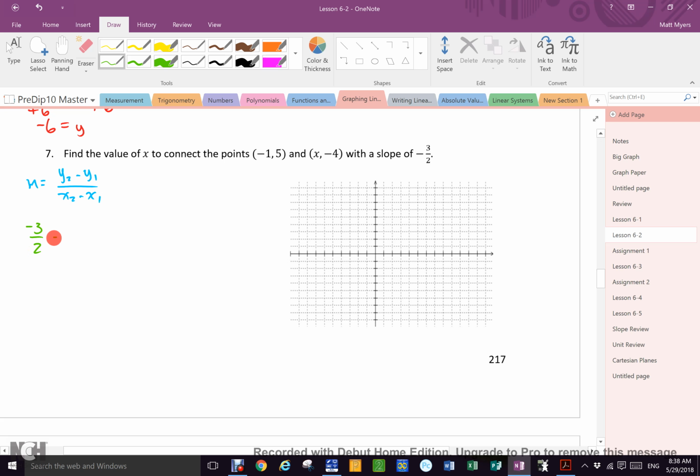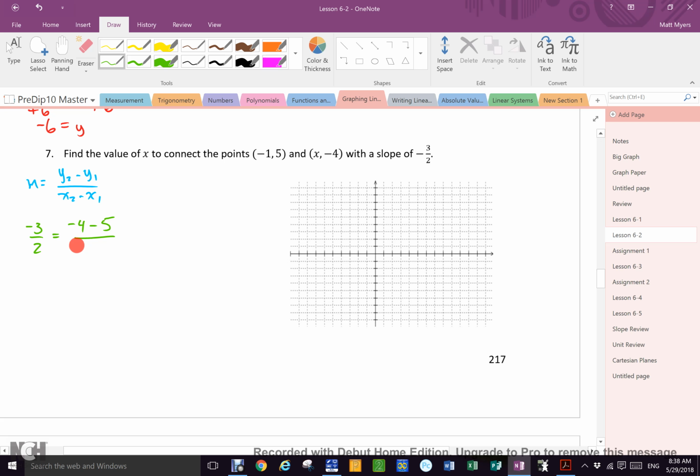Negative 3 over 2. What is y2? It's negative 4. Okay. Minus what? Minus 1. Or y2 minus y1, minus 5 over what?